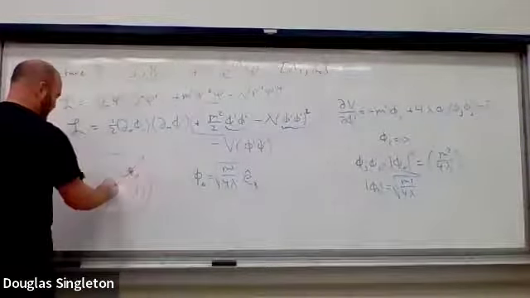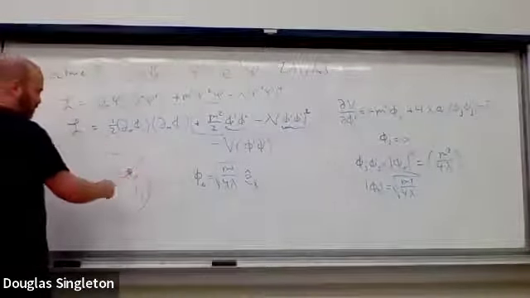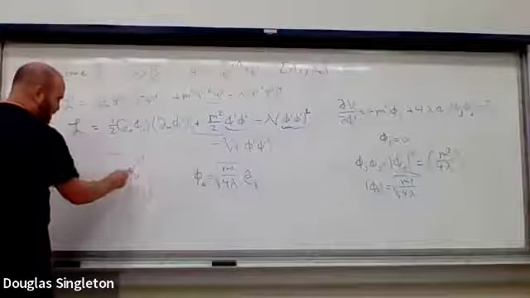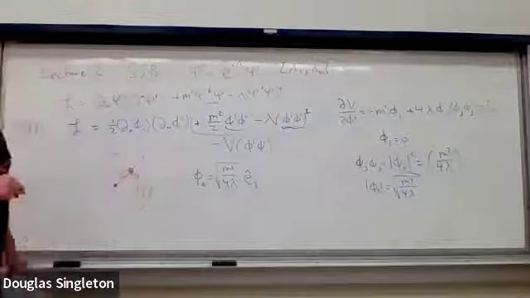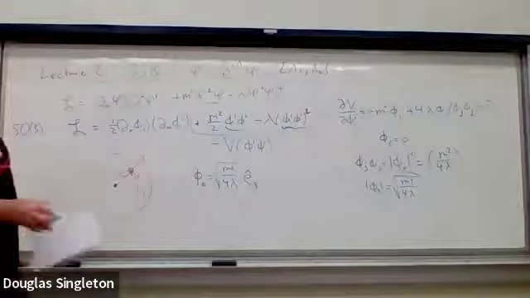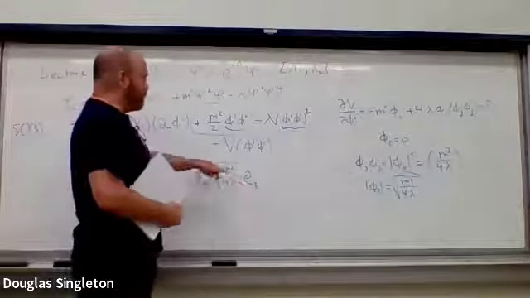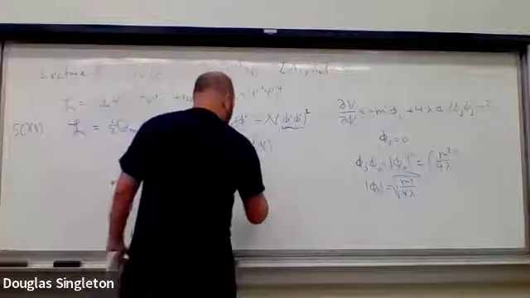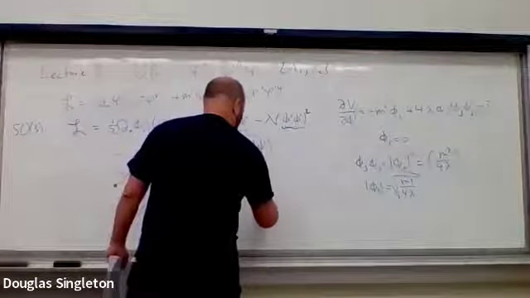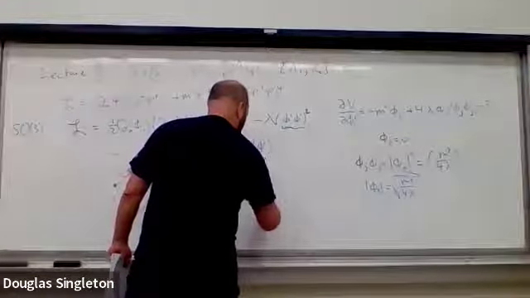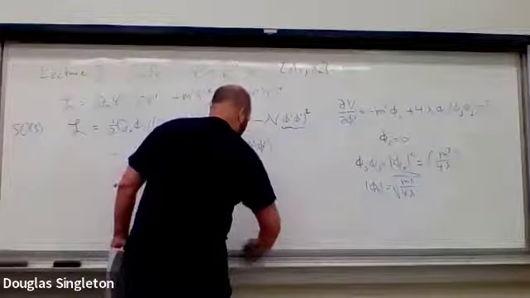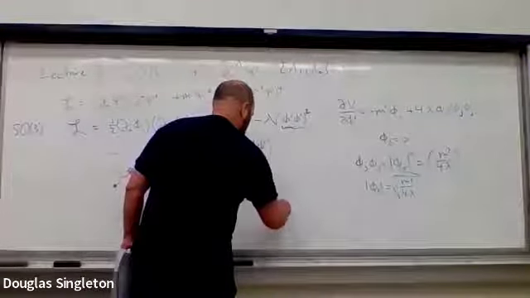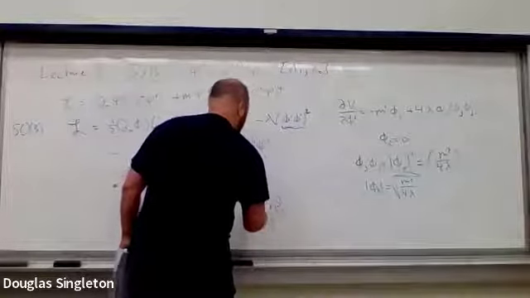So now, if I have my axes 1, 2, and 3, what I'm doing is shifting my vacuum to be along the 3 direction. That's what this means. There are a multitude of ways you could do this. You could say, okay, I'm going to go 1 and 2 over the square root of 2.